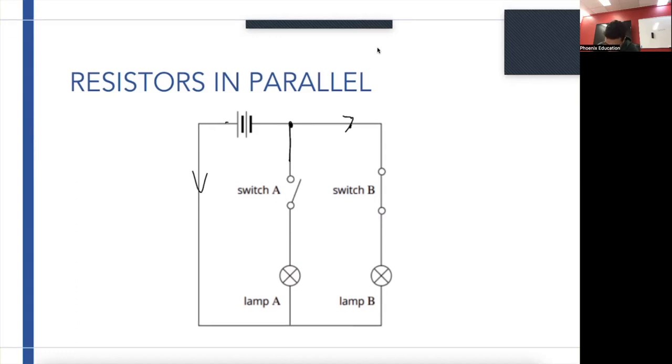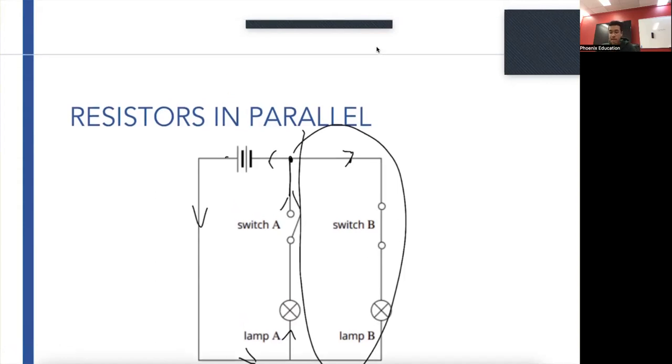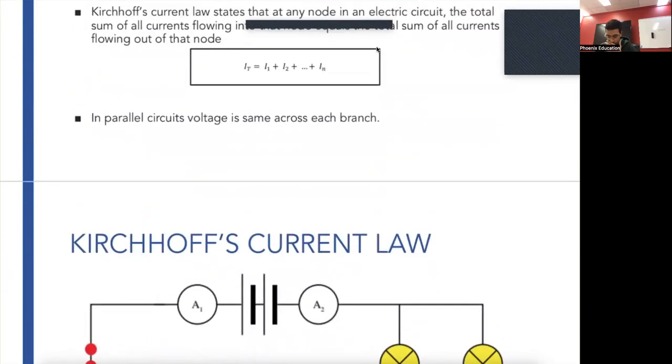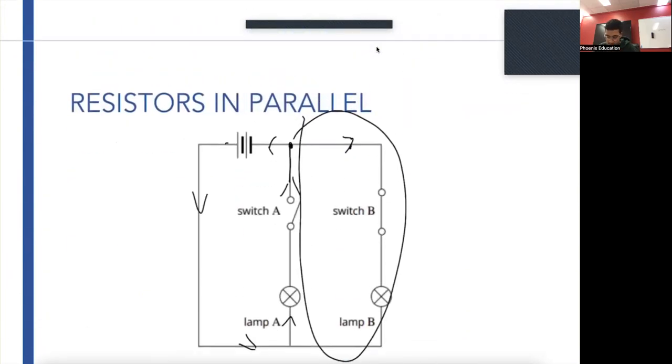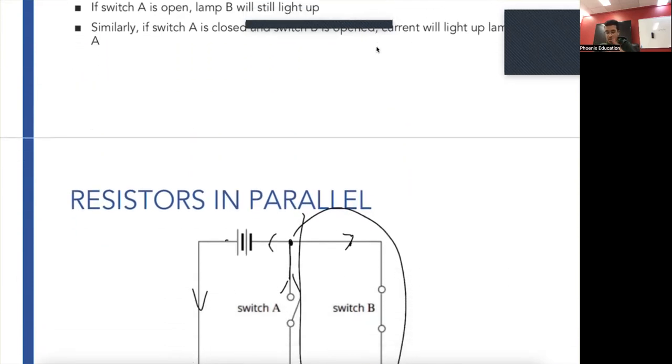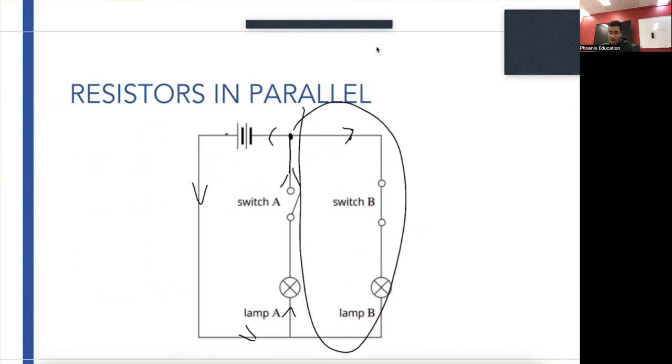So if there's a break in this branch here, the current can still flow in this direction, right? Since there's a closed loop. So that's an advantage of resistors in parallel. The way to calculate the resistance for resistors in parallel is a bit more complicated than the other example, since you're adding not to the same branch, you're adding to a different branch. And we'll look into that later.